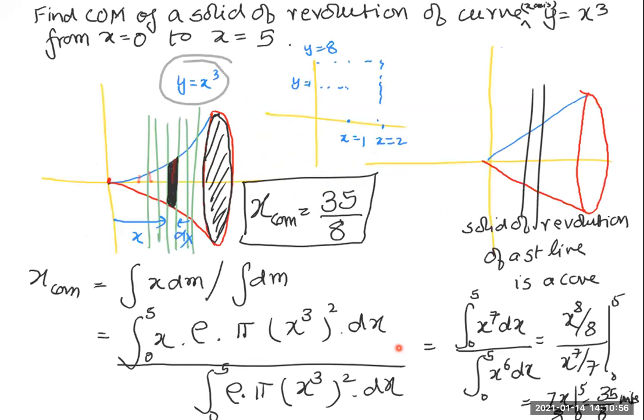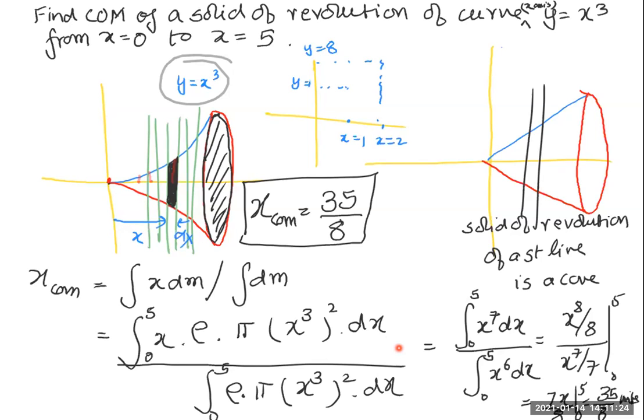Then we found the center of mass of this weird thing, solid of revolution. This is something that may appear in a test paper. Not very difficult thing to grasp. Solid of revolution of anything really is that you take that line and you revolve it around a particular axis, और जहां जहां वो revolve हो रहा है, जो भी sweep out कर रहा है वो becomes a solid.